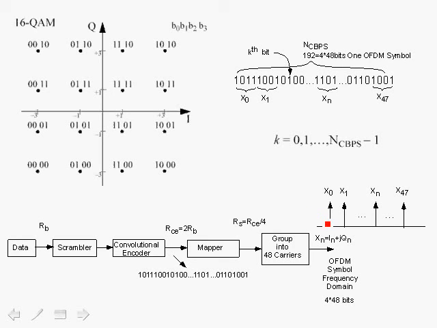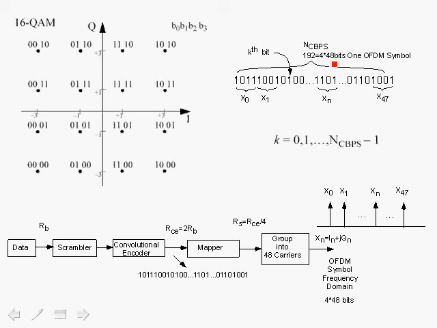So here we show the carriers X0 through X47, also indicating that each carrier represents a complex number. A key point is that each carrier contains 4 bits of information because it represents a point in the constellation. And we have 48 data carriers, so each OFDM symbol contains 192 bits.